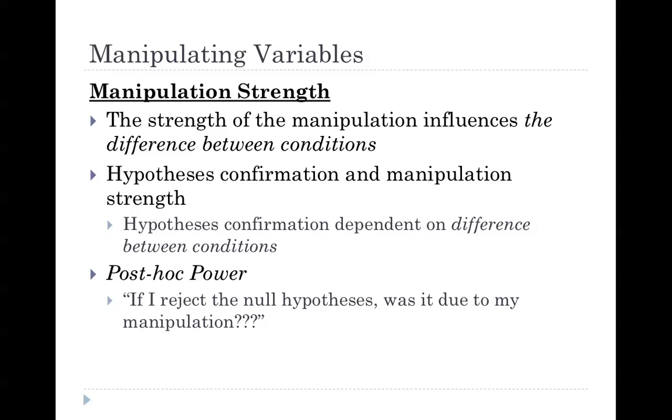If I found an effect, was it actually due to my manipulated independent variable? So you're really asking yourself, is there an alternative explanation for this effect? We're not going to go over the statistical formula, but overall it's a statistical test to examine whether the effect was due to the independent variable.